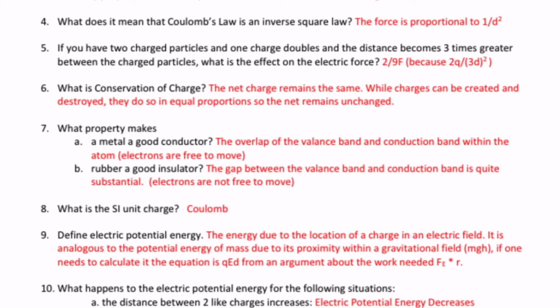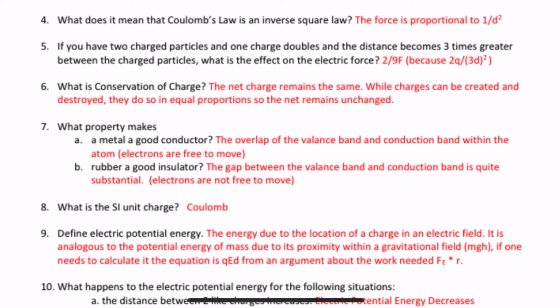What does it mean that Coulomb's law is an inverse square law? If you were to replace the whole top, the K, Q1, Q2, by 1, your force would be proportional to 1 divided by distance squared.